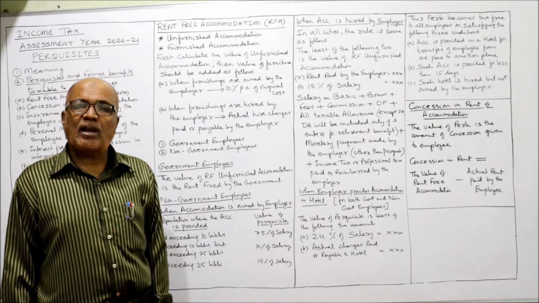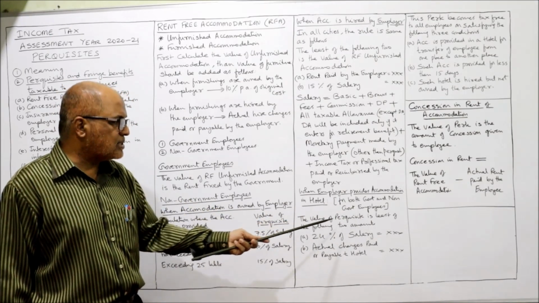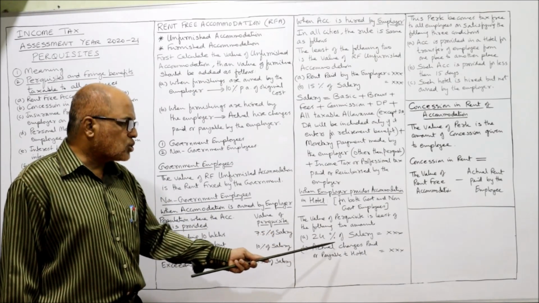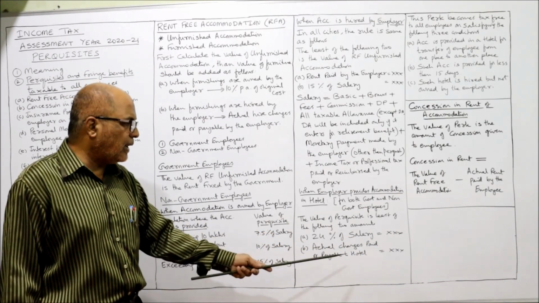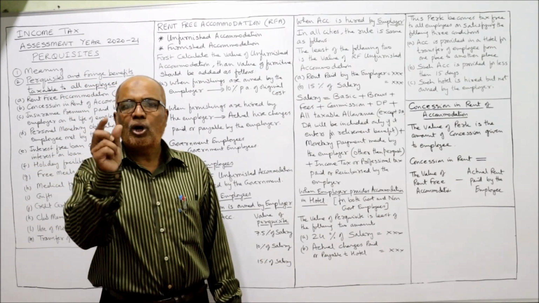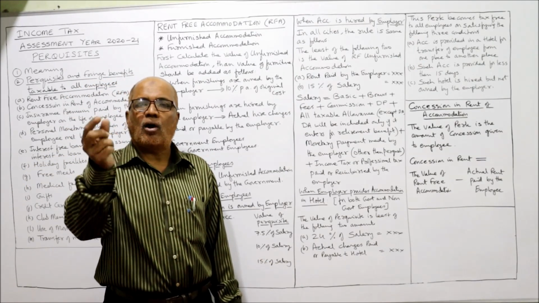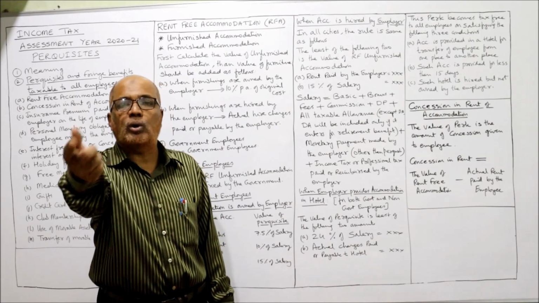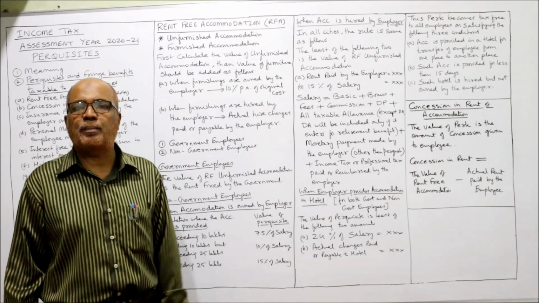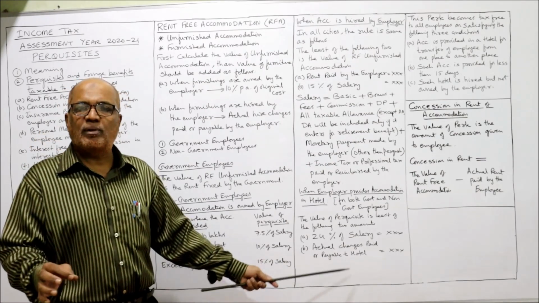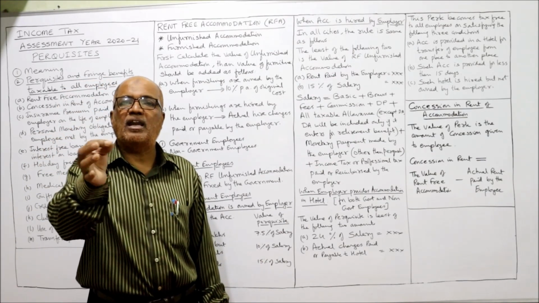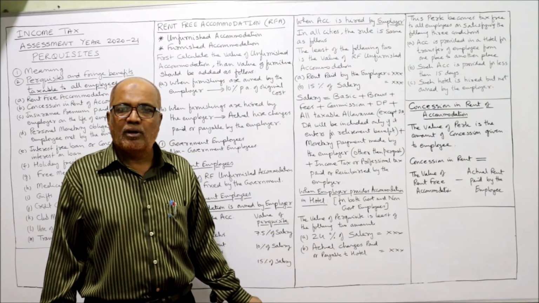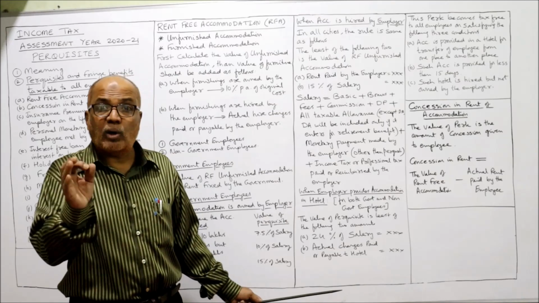So for both government and non-government employees, the value of the perquisite is the least of the following two: 24% of salary or actual charges paid or payable to the hotel. The least of these two is the value of the perquisite. This provision will be applied if the accommodation is given in a hotel, whether government or non-government employee.